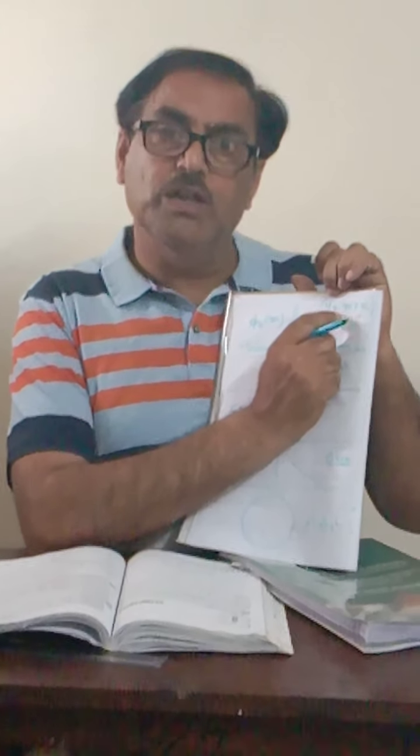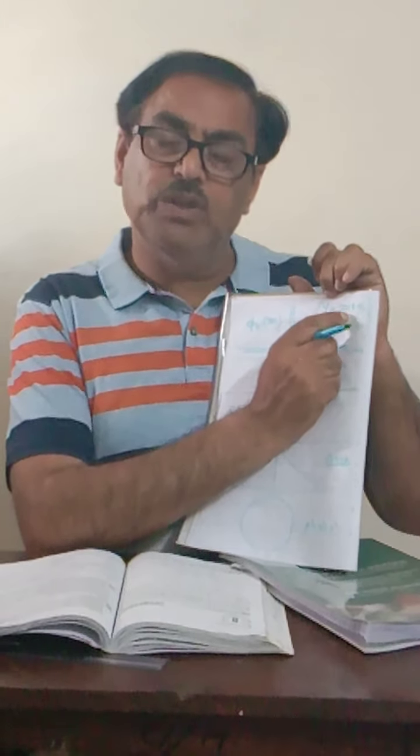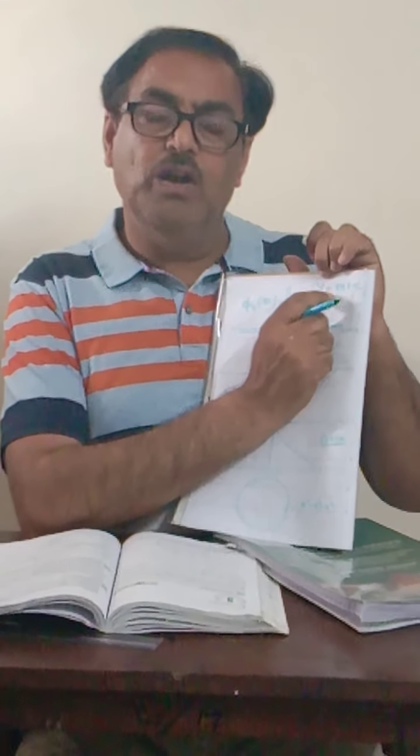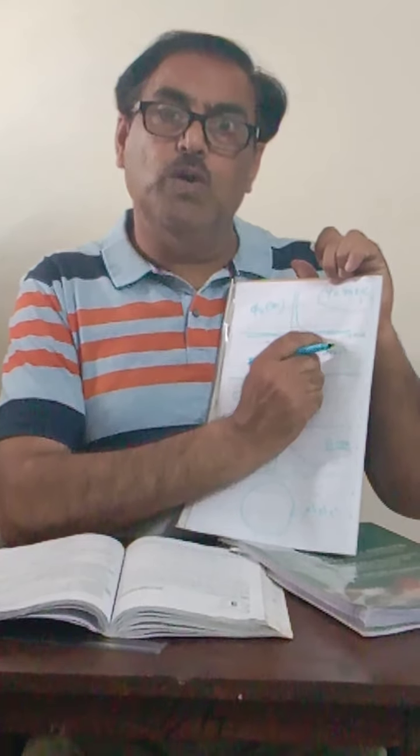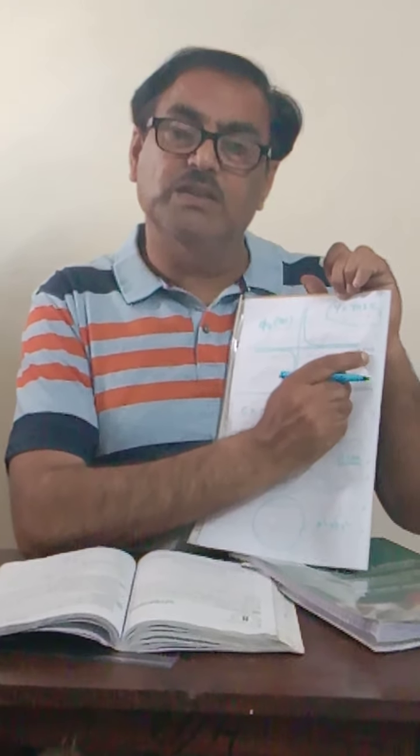The third asymptote is y is equal to m3x plus c3, and the nth asymptote is y is equal to mnx plus cn. So in this general method, you got the equations of n asymptotes in the case when all the values of m are real and different.